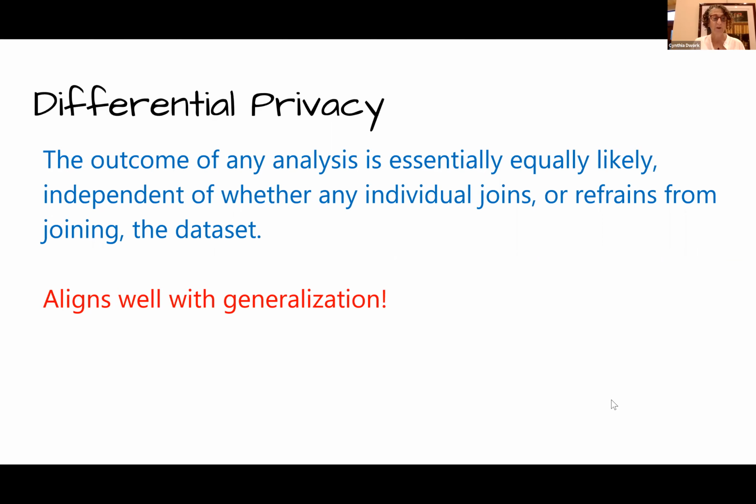It's known that if your algorithms are not robust to small changes in the data set, then the results will not generalize to the population from which the data set has been drawn. So differential privacy is a very strong notion of privacy, but at the same time, it aligns well with generalization.